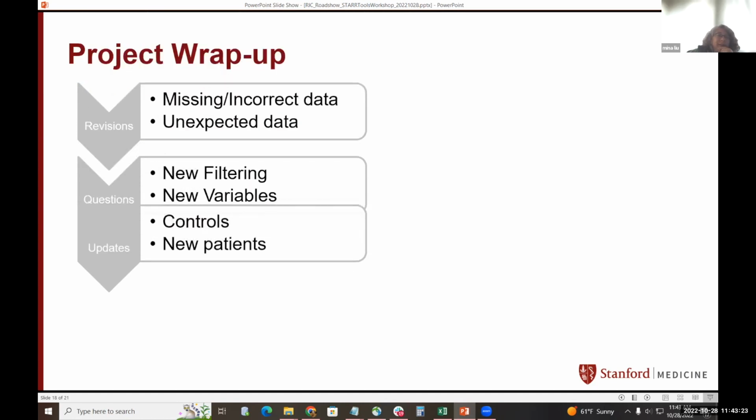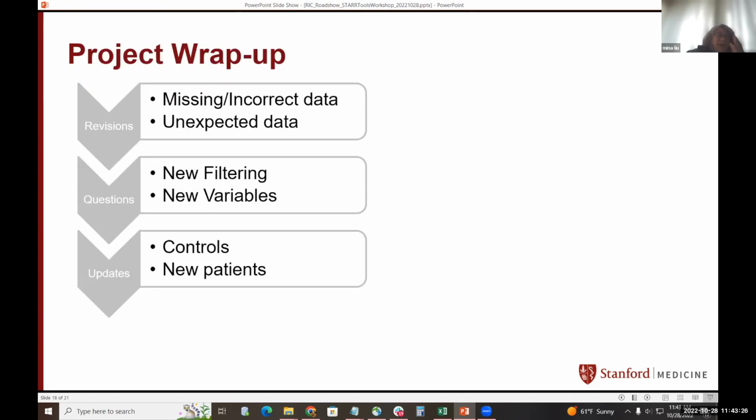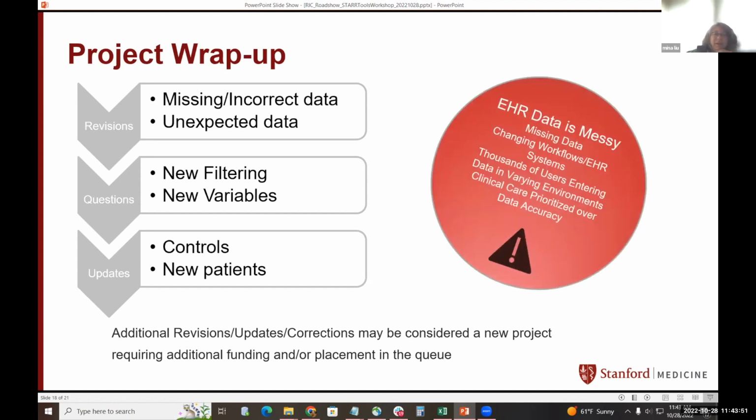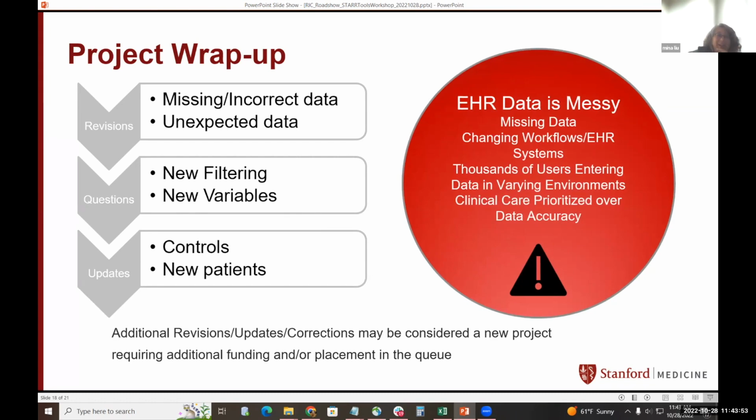And then often people come back to us like a year later and say, I want to add these new patients, or I want to create a control group with similar characteristics as the patients in my original cohort. So you can come back to us for that after. Just a heads up, that may require some additional funding, or you may find yourself back at the end of the queue. Okay, and that's the caveat: the data's messy.